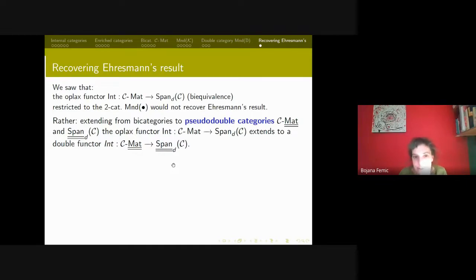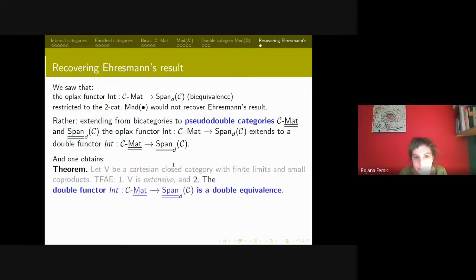And one obtains the following theorem: let V be a Cartesian closed category with finite limits and small coproducts. Then it is equivalent that V is extensive on the one hand, and on the other that the double functor I obtained above is a double equivalence.